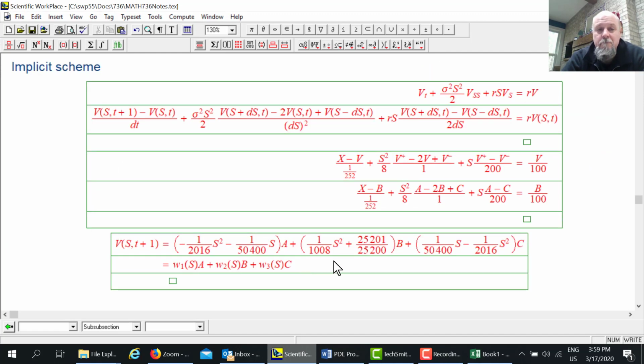For our implicit scheme, now that involves going backwards with the matrix. We've done this before. I've set up the scheme here as we would have done with our weights.